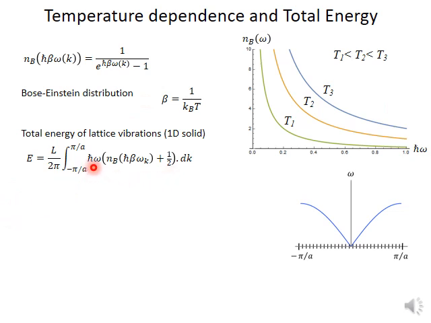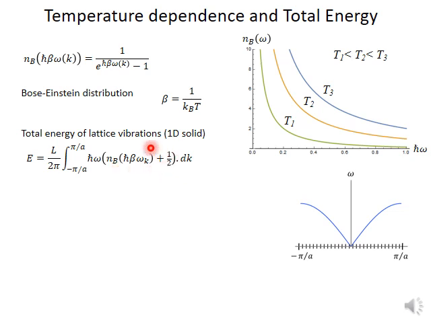So h bar omega would be the energy of phonons of a particular mode K, and n_B would be the population of that particular mode. You multiply it here and it would give you the phonon energy at a particular K mode.